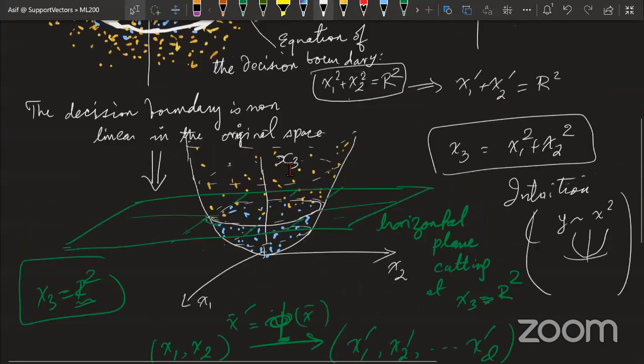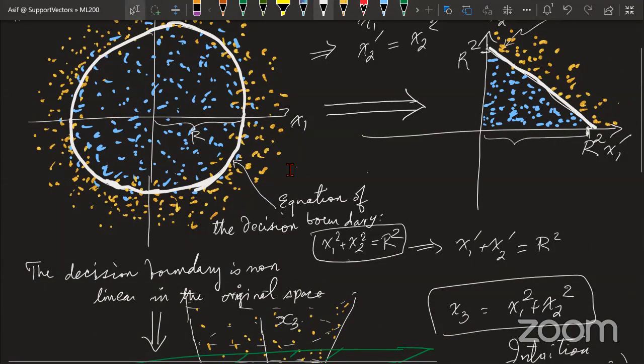At a distance of r from the center is where the decision boundary is. But when you fold it up, you are still going up to r square or r. I know you're projecting it in the third dimension, but intuitively I was folding the paper up into a parabola, and then I have to go r square distance up in the x3 direction to hit the decision boundary. That part I slightly couldn't understand.